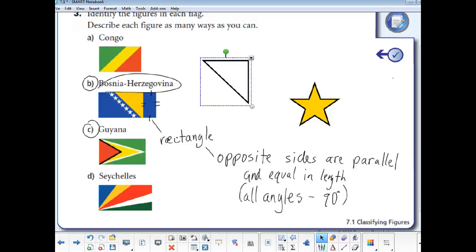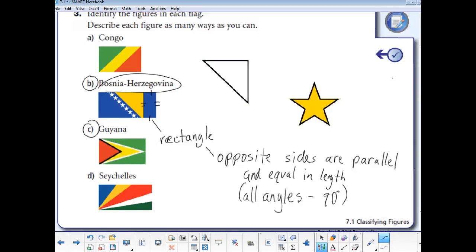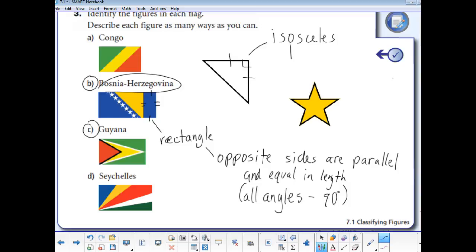There we go. That looks like the same kind of triangle. This side and that side are the same length, and it looks like this is a right angle. When we have two sides equal in a triangle, that becomes an isosceles triangle.